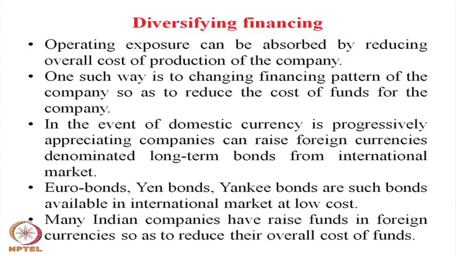If the company is in a position to get funds at cheap cost, there will be an avenue for the company to reduce the operating cost also. By reducing the operating cost, the company can absorb a significant part of the operating exposure.